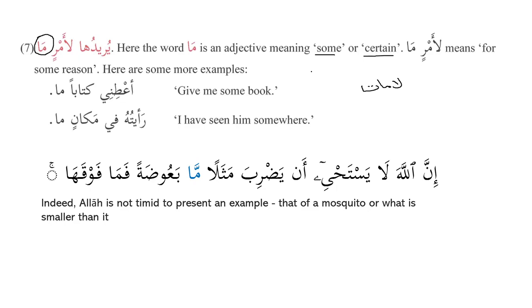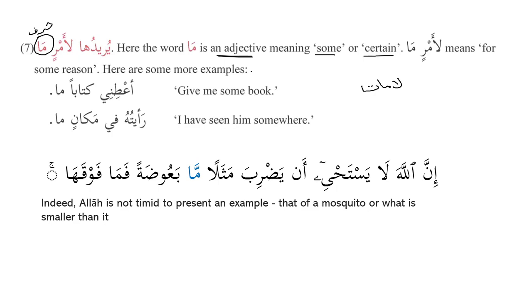We know that this is a harf, and huruf, if you remember, are all common, so they are common nouns. That's why it's an adjective. Whenever you see it, you will always see it with the common noun, not with the proper noun. Why not with the proper noun? Because it's a common noun, and whenever it is used as an adjective, a common noun comes with a common noun, and a proper noun comes with a proper noun.